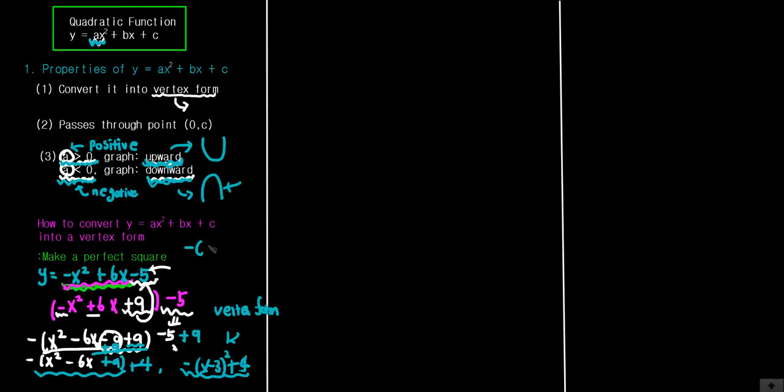Negative x minus 3 squared plus 4 should be equal to y. For the negative 1, the way to find a vertex is to find the x value which turns this whole expression into 0, and the leftover is the y value. To make this whole expression 0, we need to input a value of 3 for x.